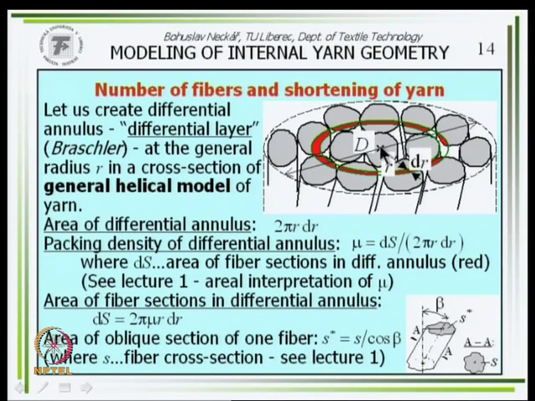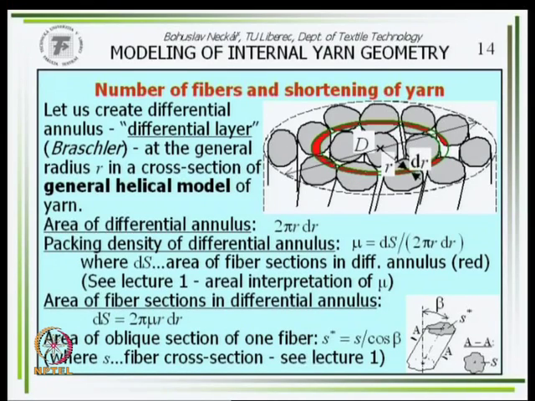The smaller one has the radius r, and the larger one has the radius r plus dr, a differentially elemental increase of radius, so that we obtain a differential annulus, isn't it?